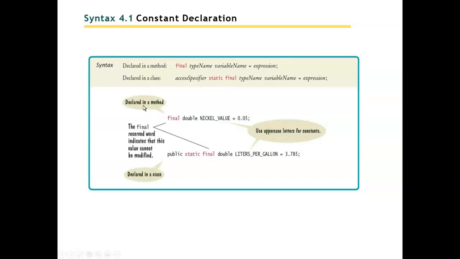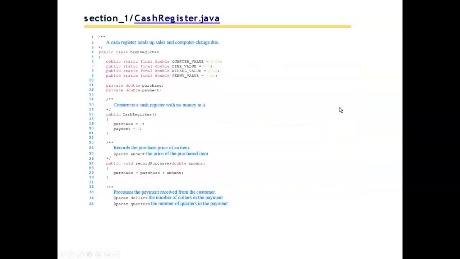So basically, constant declaration: if it's in a method, we have to give it just the word final. If it's in a class, you'll give it a public or private modifier. Static says it's for the class, not just for the method, and pretty straightforward. There's a really simple example of a cash register.